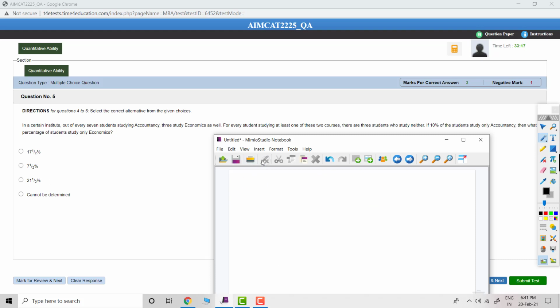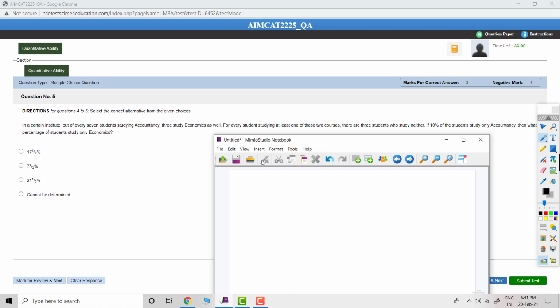Question number 5 says that in a certain institute, out of every 7 students who are studying accountancy, 3 study economics as well.